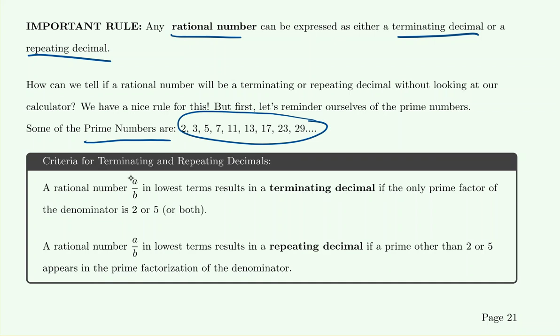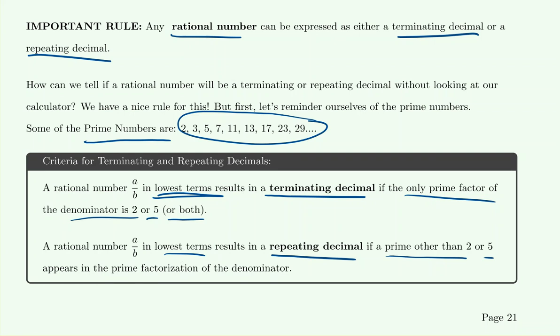A rational number a over b, so that's top number divided by bottom number, in lowest terms, so we first have to get the fraction into lowest terms, is terminating if the only prime factors of the denominator are 2 or 5 or both. So you could have a 2 and a 5. A rational number in lowest terms is repeating if there's a prime other than 2 or 5 in the lowest form of the denominator.